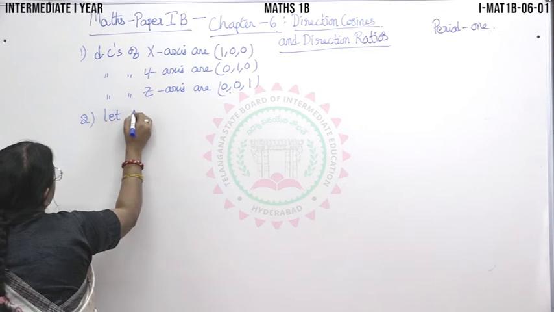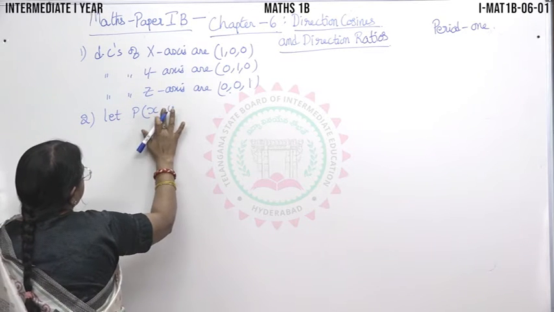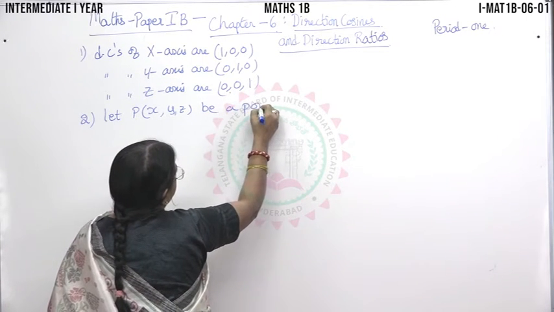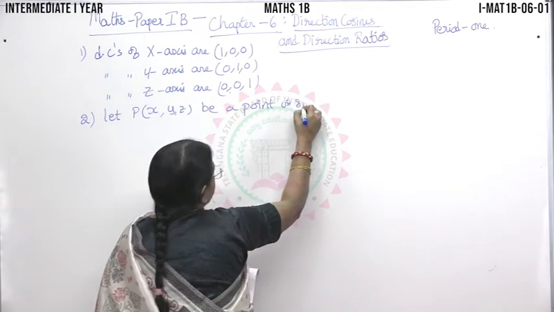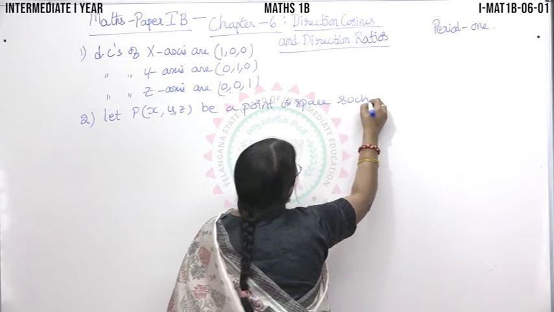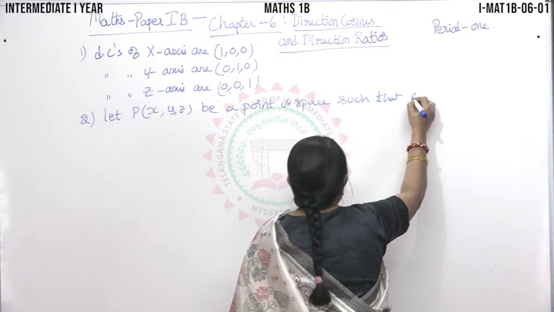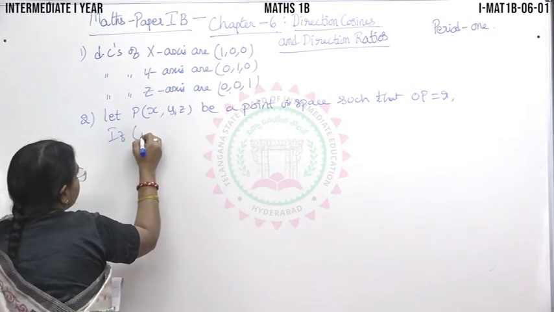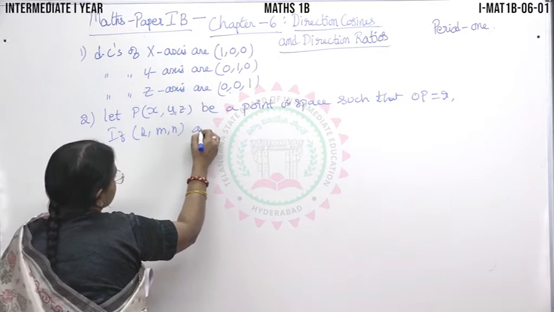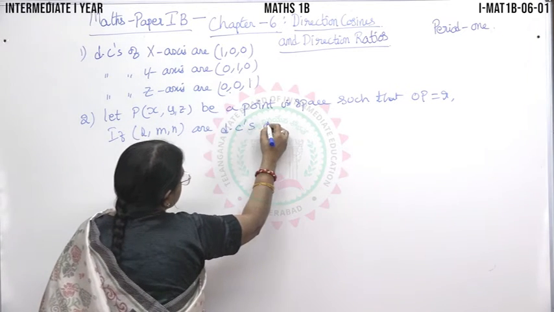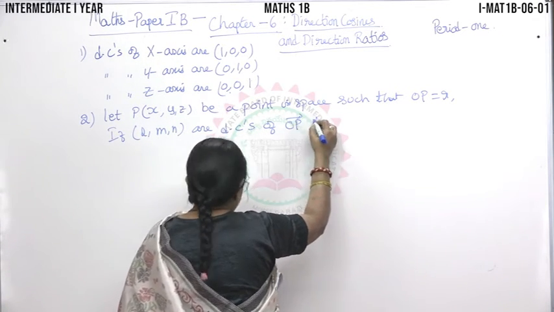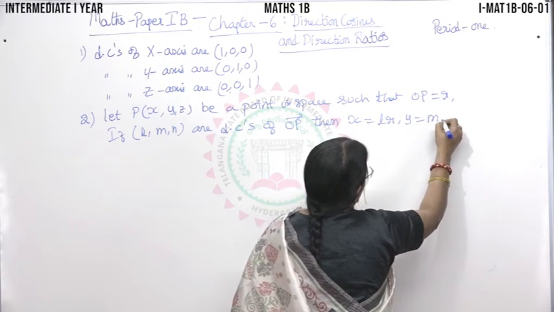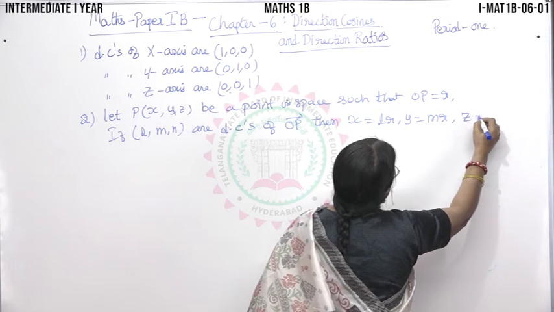Okay, next, suppose that P(X, Y, Z) is a point in space such that OP is equal to R. Now, if L, M, N are the DCs of the ray OP, then X is equal to LR, Y is equal to MR, and Z is equal to NR.